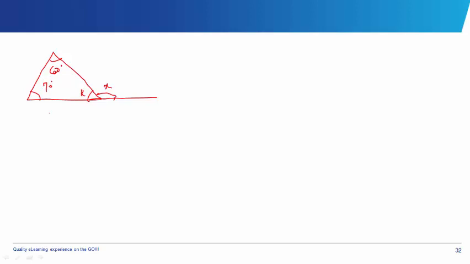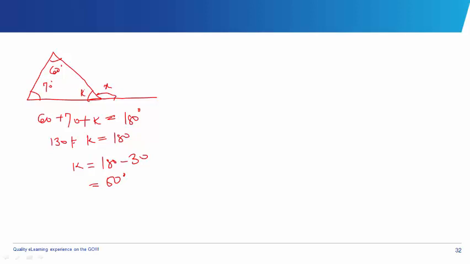So to find K, using our rule for a triangle, 60 plus 70 plus K must be 180 degrees. 60 plus 70 will give 130 plus K equals 180 degrees. Therefore K will be 180 minus 130. K will now be 50 degrees.